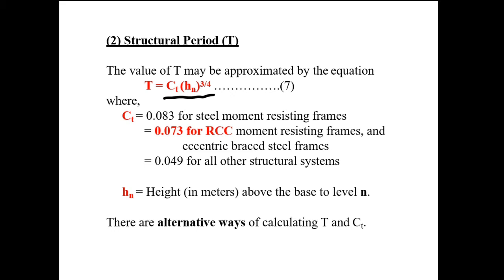Ct is equal to 0.083 for steel moment resisting frame, 0.073 for RCC moment resisting frame, and 0.049 for all other structural systems. Here we have Hn. Hn is the height above the base level to the level n, that means up to which story we are creating our structure. So the total height above the base level is Hn.